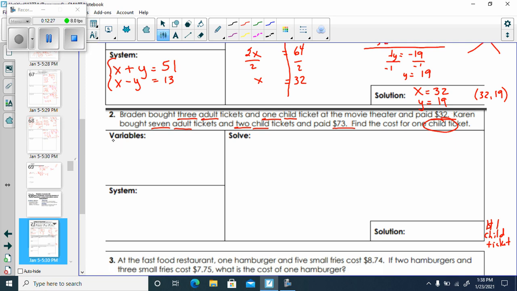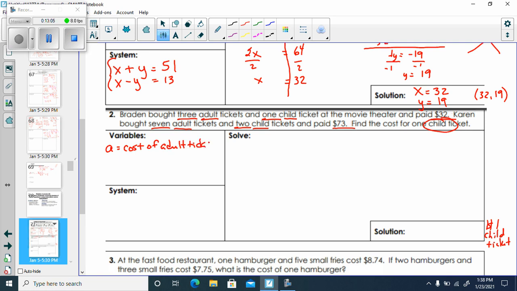Okay. We need some variables. Now, you don't have to always use X and Y, and usually when you're dealing with a word problem, you will use a letter that makes sense here. He bought 3 adult tickets and 1 child ticket and paid $32. We're looking for the amount of money that a child ticket costs. So what if we say A is equal to the cost of an adult ticket?